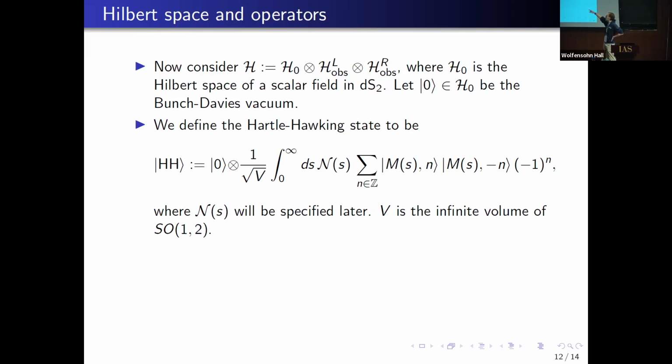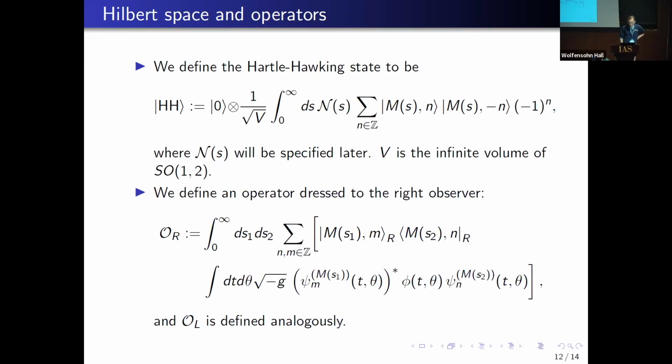And so here it's represented by this function n of s, which I will specify later. Also, there's this parameter V, which we need to divide by. It's formally the infinite volume of SO(1,2). And this is just to give us a finite norm for the Hartle-Hawking state. Okay, so this is the Hartle-Hawking state.